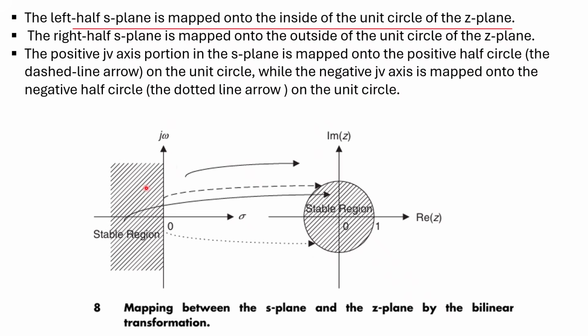So the left half will be mapped inside, and similarly the right half of the S plane is mapped outside, so here it will be outside of the unit circle, right? The positive jΩ axis portion in the S plane is mapped onto the positive half circle, and the negative one will be mapped into the lower half circle.